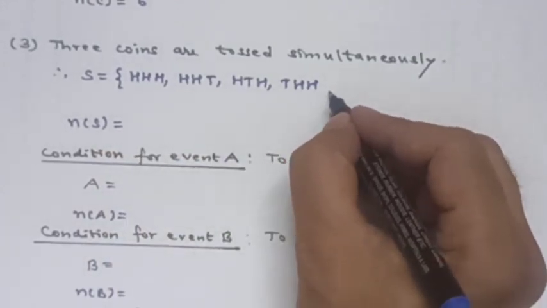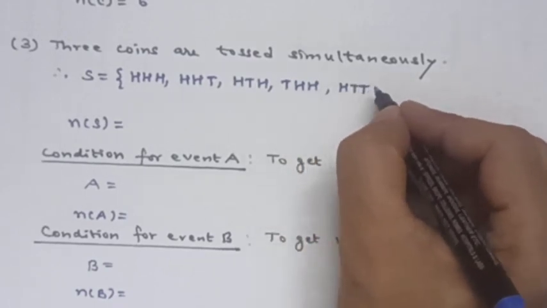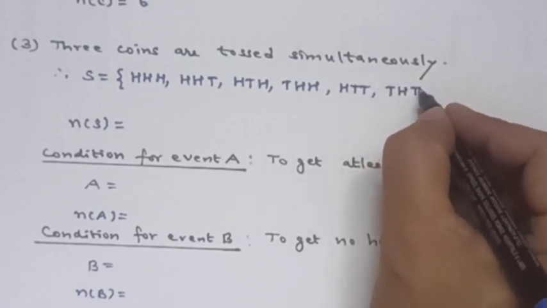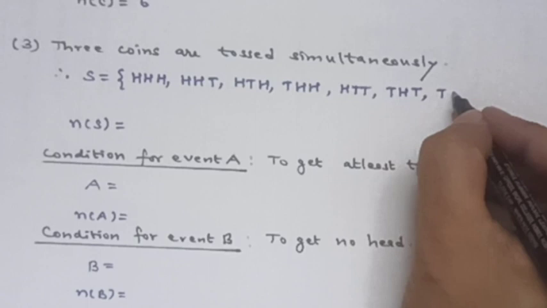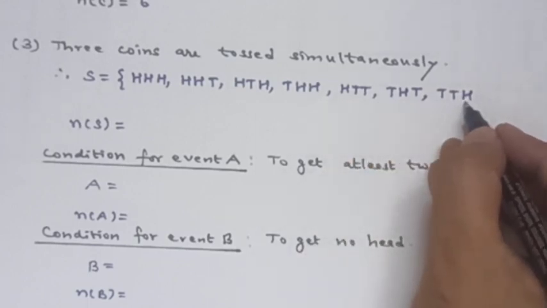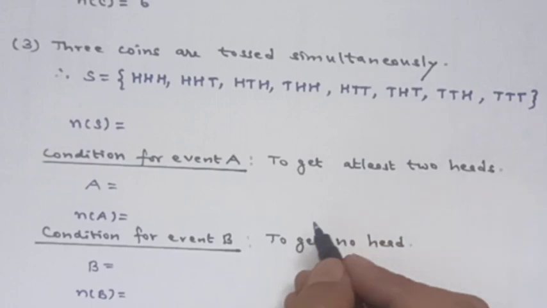For this let's write, one head means 2 tails. So you can say first head, second head and third head. And the last one is all tails or no heads.